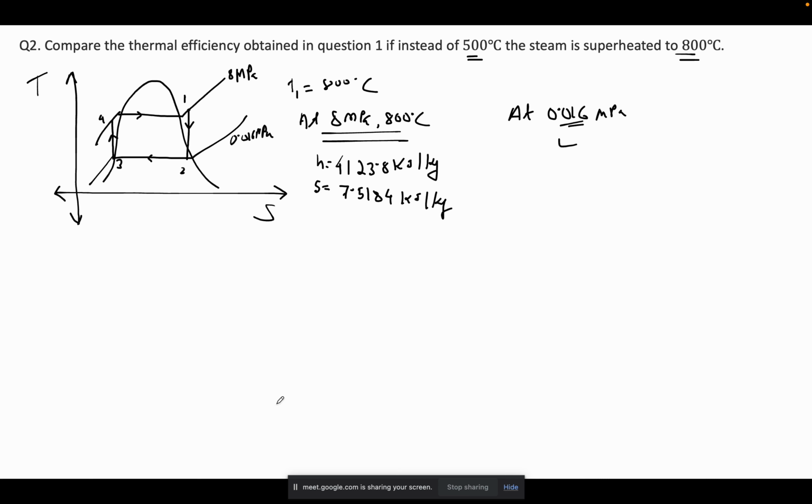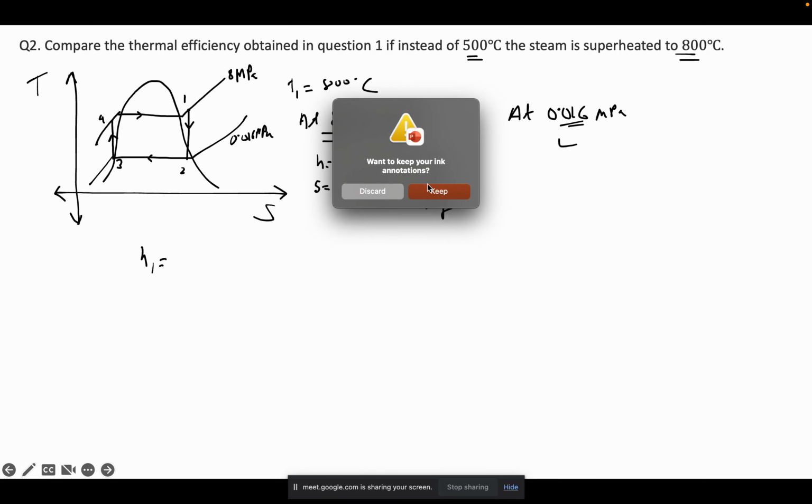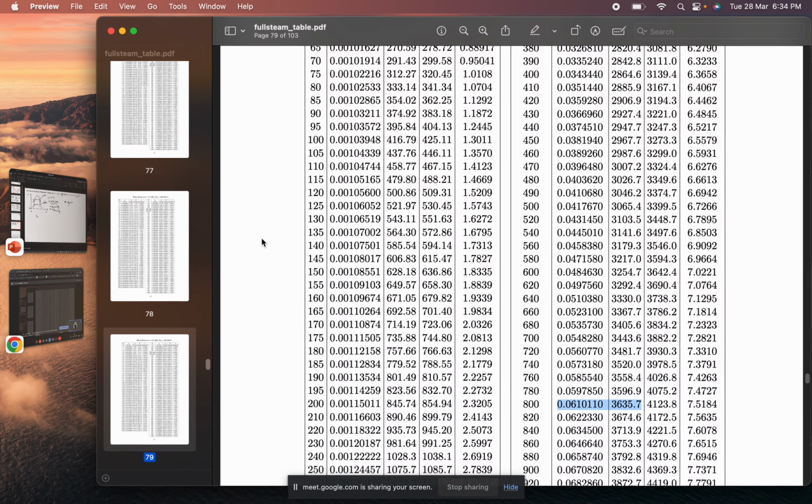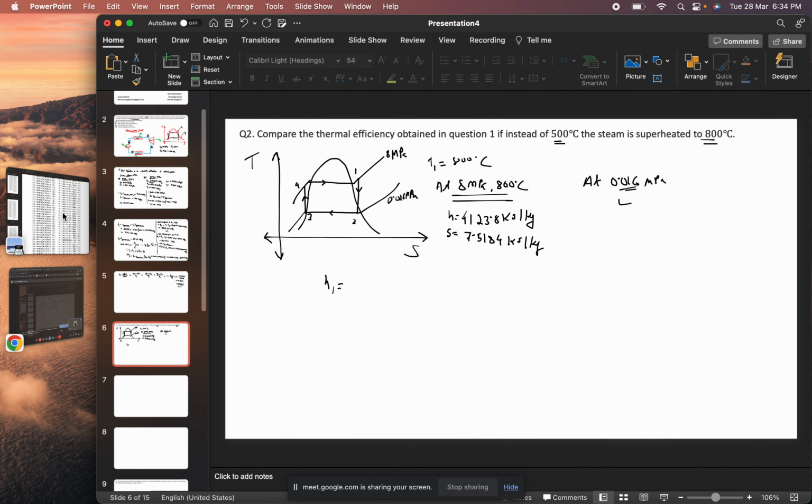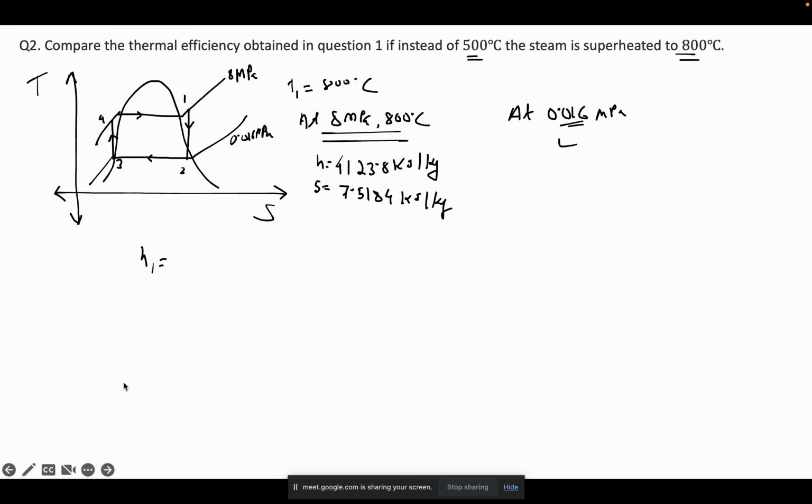Okay, now what are the things that will change? Now my H1 will change. Let me cross check whether I am putting the correct values: 4123.8 and 7.5184, correct. So my H1 will be H at 8 megapascal and 800 degrees Celsius, which is 4123.8 kilojoule per kg.